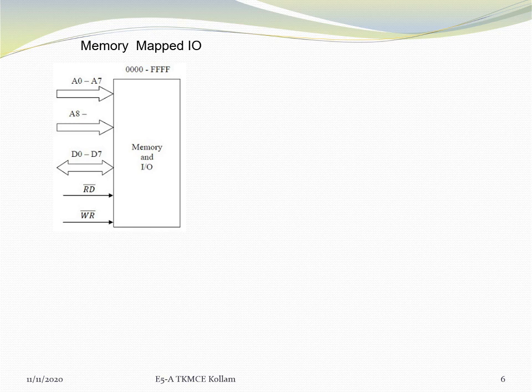Then, when we are considering the steps for memory related operations, that is read and write operations, suppose we are executing an instruction like loading the content of any memory location into the accumulator, or storing the content of the accumulator into any address.